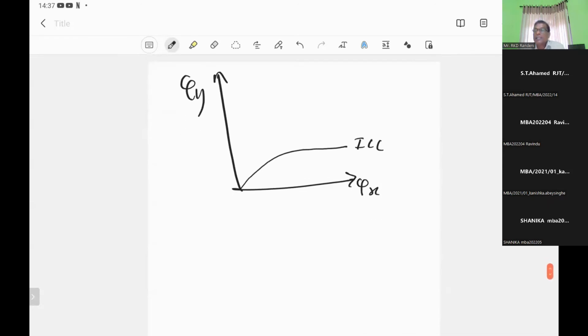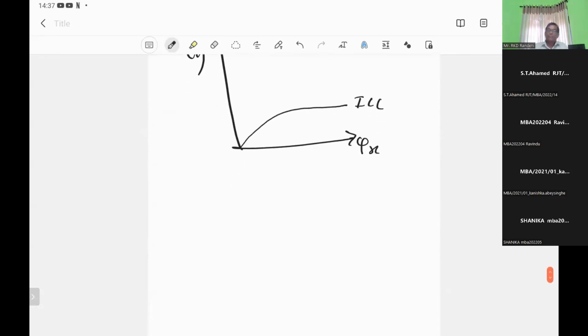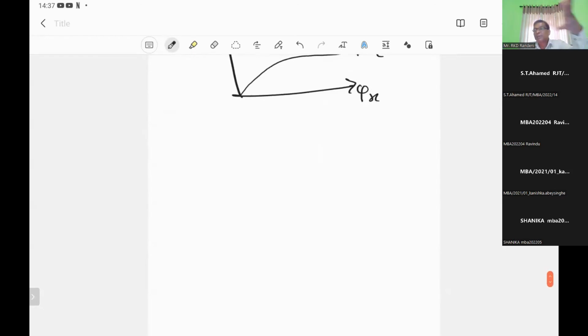According to the shape of the ICC curve, you can realize whether the commodity is inferior, normal, luxury or necessary. Like that you can realize. Right. For more details, you had better go to the PowerPoint, especially chapter 8. Right.